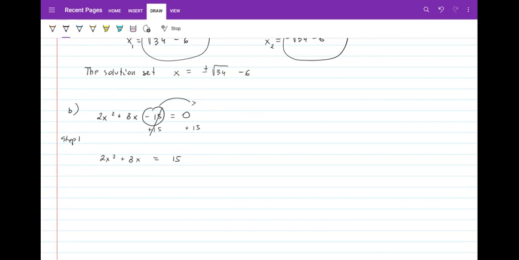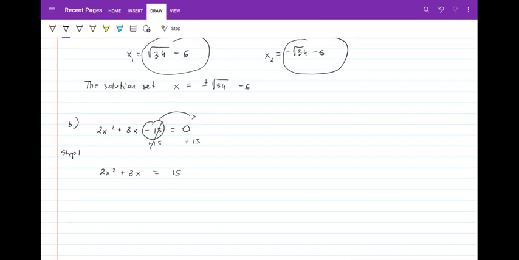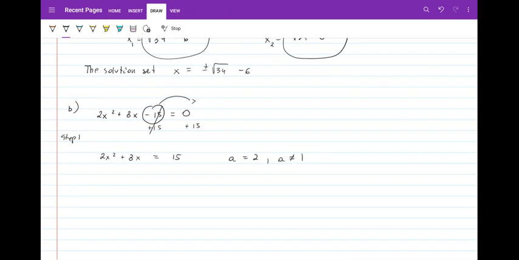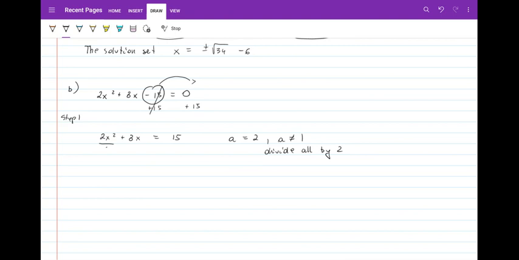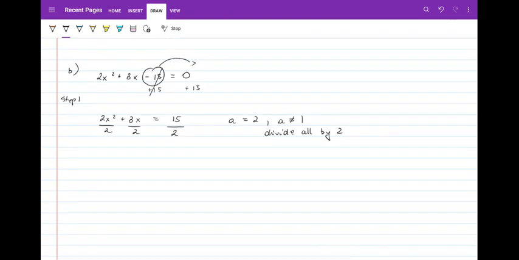So here, our a is not equal to 1, then what we need to do, we need to divide all by 2. So I need to divide each by 2 before I calculate b over 2. So we're getting x squared plus 4x equal 15 over 2.